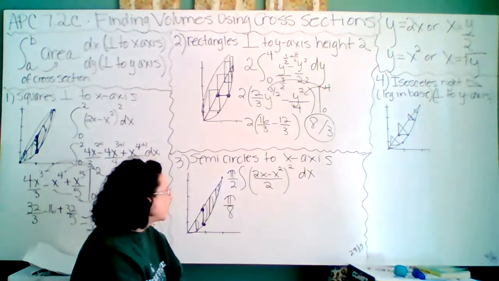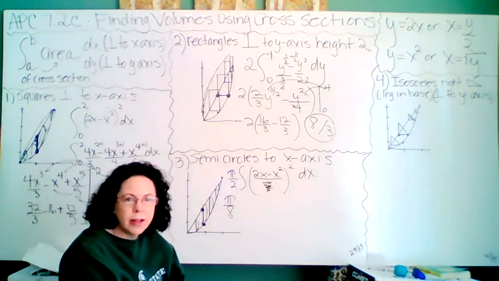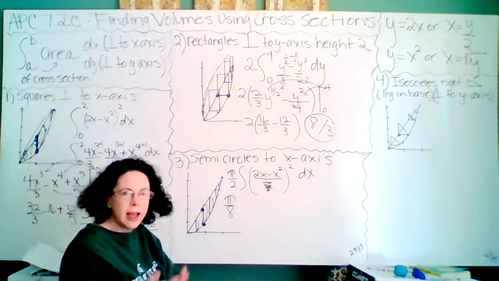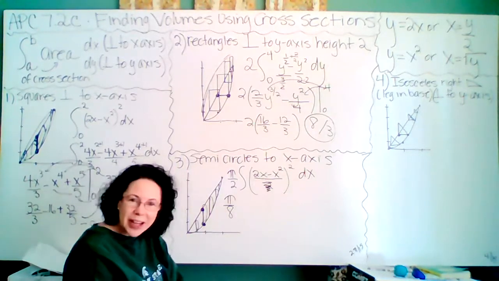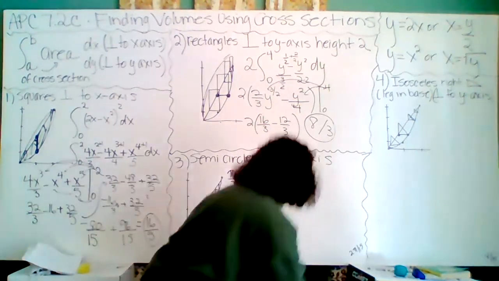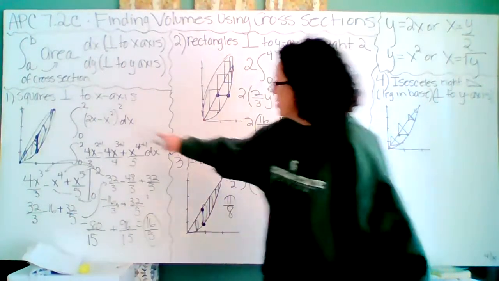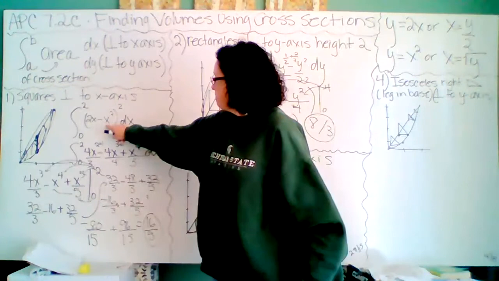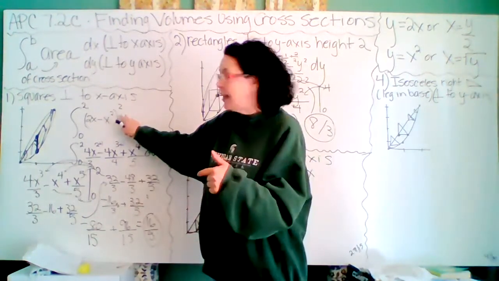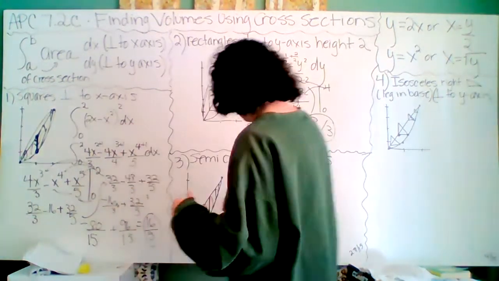Now, take a look here. You're like, oh my Lord, I have to square this and then integrate that again. And that's the key word: again. Take a look over here. Didn't we already square this? Didn't we already integrate this expression and evaluate it from 0 to 2?